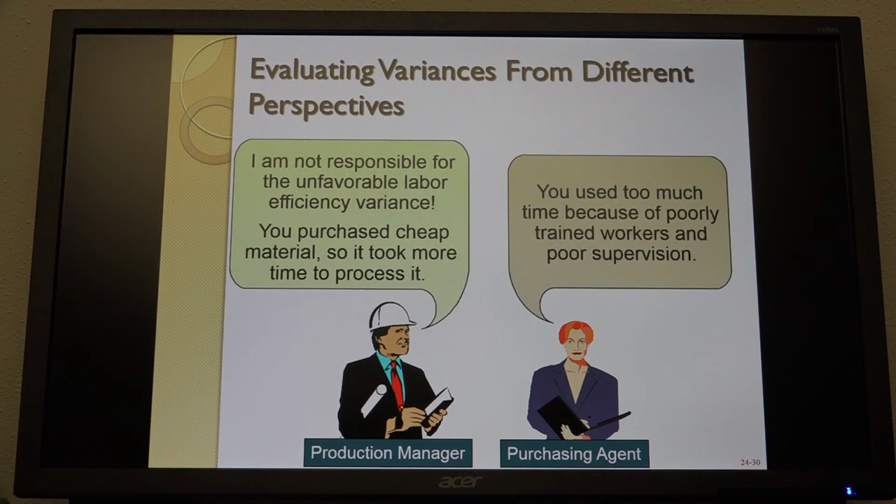What about an unfavorable labor variance? Here, the production manager says, I'm not responsible for the unfavorable labor efficiency variance. You purchased cheap material, so it took more time to process it. And the purchasing agent says, you used too much time because of poorly trained workers and poor supervision.